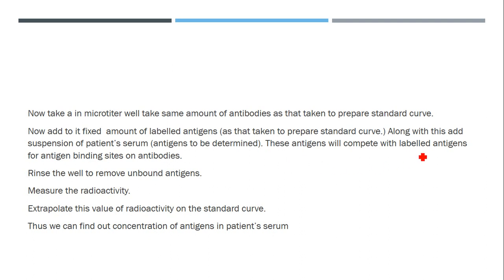These antigens will compete with labeled antigens for antigen binding sites on antibodies. Again, rinse the well to remove unbound antigen and measure the radioactivity. Extrapolate this value of radioactivity on the standard curve. In this way, we will get to know the concentration of antigens in patient's serum.